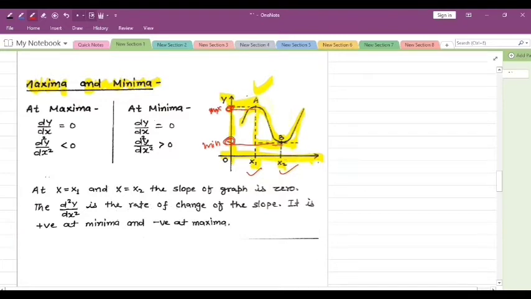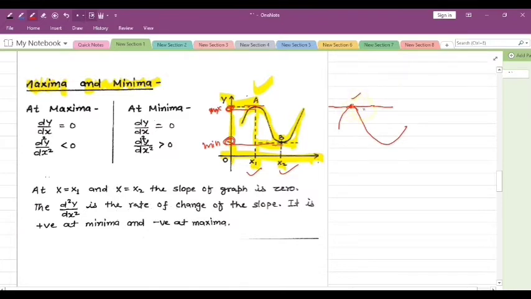Then you have to notice this thing: at the maximum value, if I ask you to make a tangent line, suppose this is your function and I am saying that at this maximum value you have to plot a straight line or tangent line, then you know how to plot a tangent line. This line should touch the graph only at a single point.